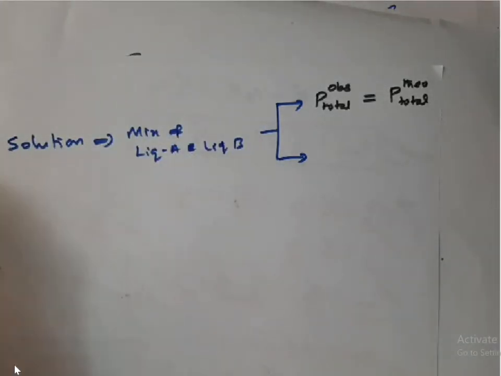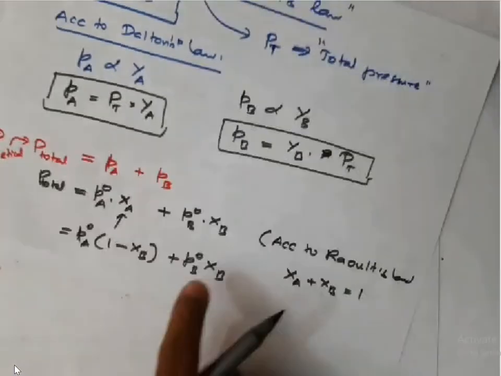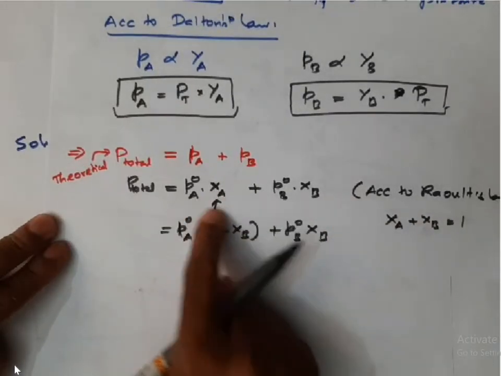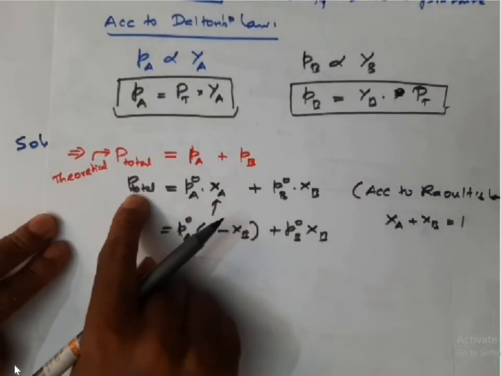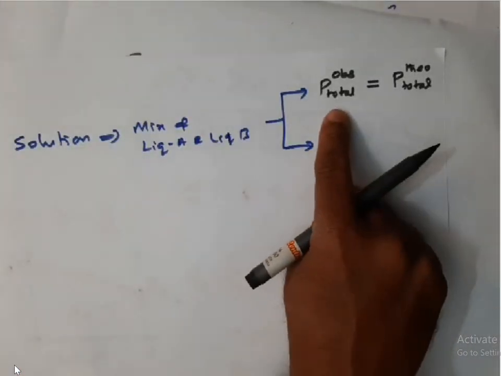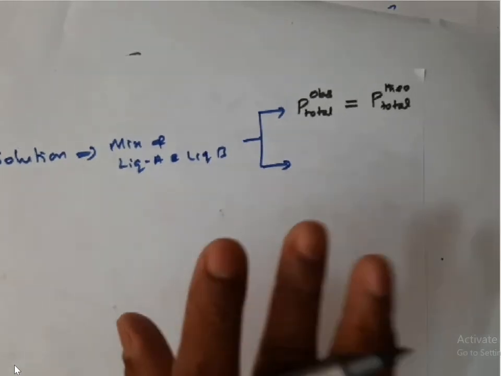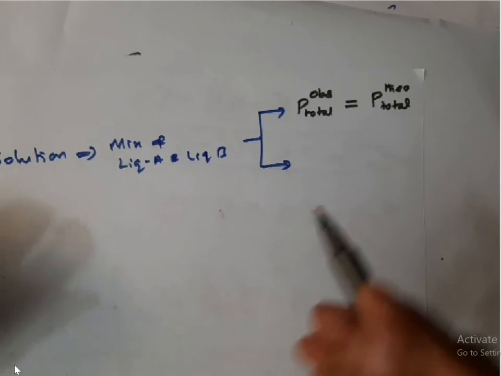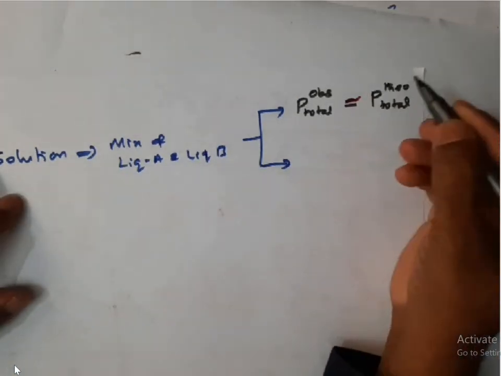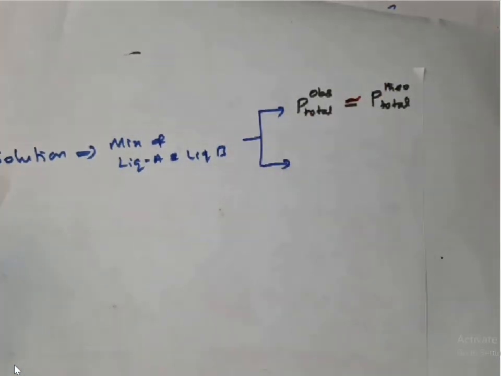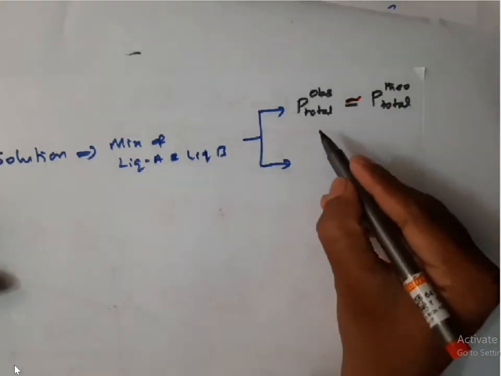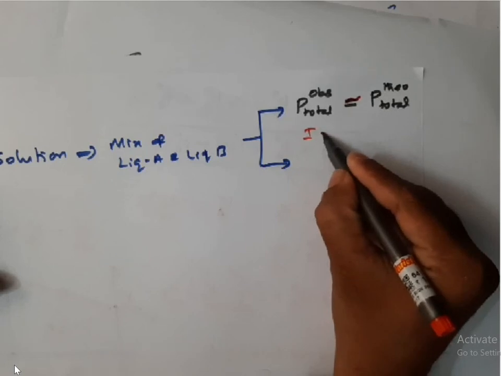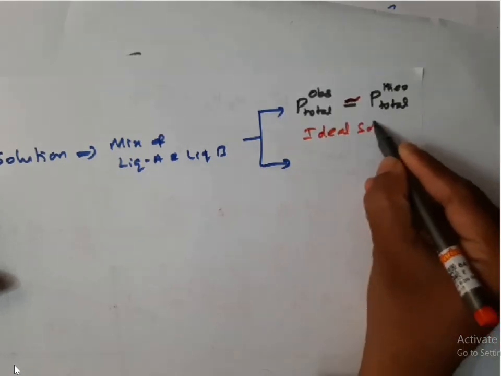We have calculated using Raoult's law the total pressure, right? This is called theoretical total pressure. For most cases it may not be 100% same, but roughly equal. If they are roughly equal, we call those solutions ideal solutions.